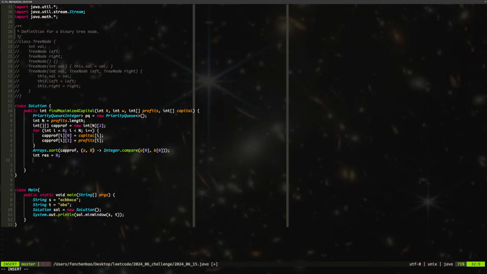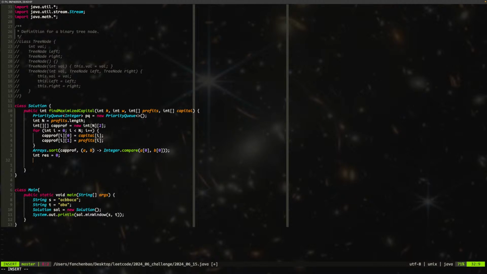How do I do this? If the current capital is bigger, then we take one out, put it in, and then go back, and the current is still bigger, so I take out again.